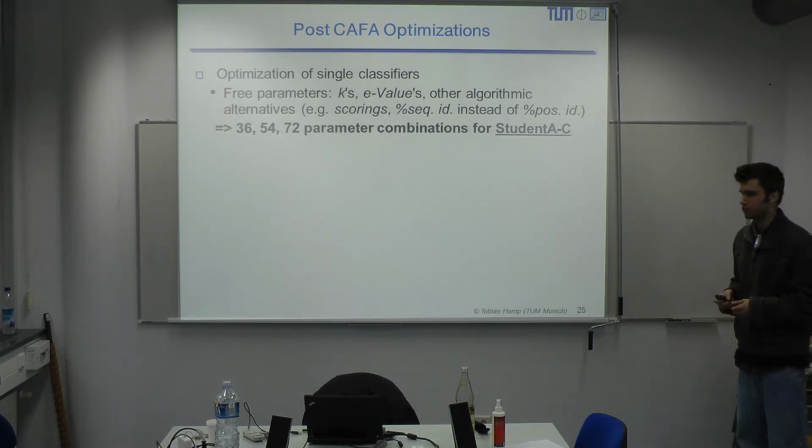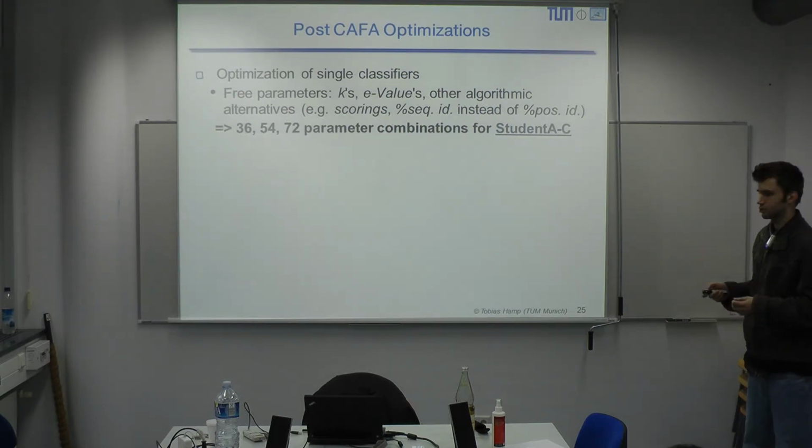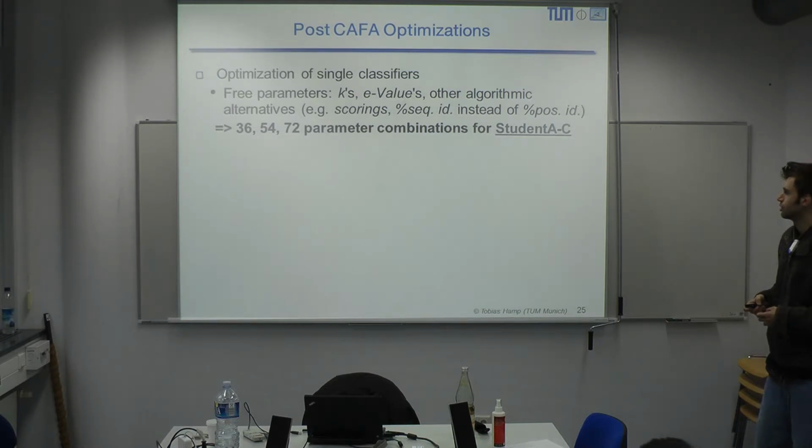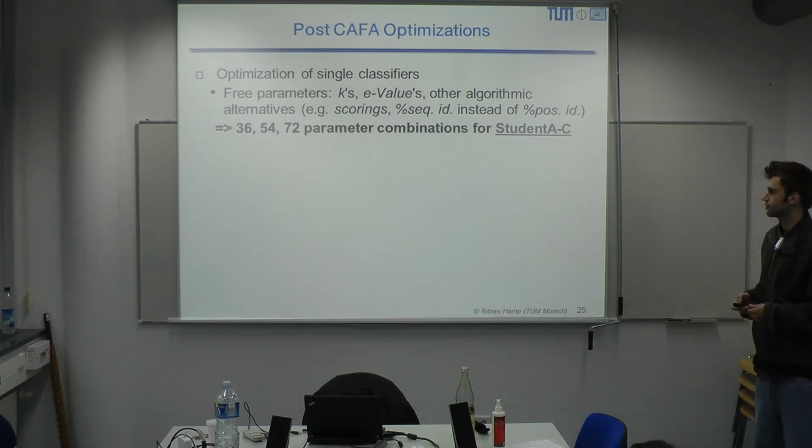The three parameters that we optimized were the number of hits that we consider, the e-values, so you could not only look at the best k hits, but all hits that are, for example, more likely than an e-value of 10 to the power of -3, and also other algorithmic alternatives that the students had provided themselves, for example, using sequence identity instead of positive identity.